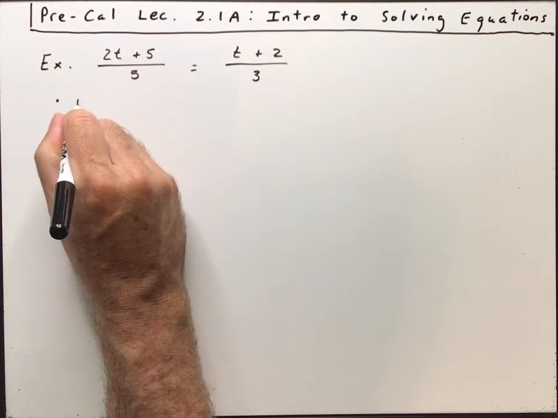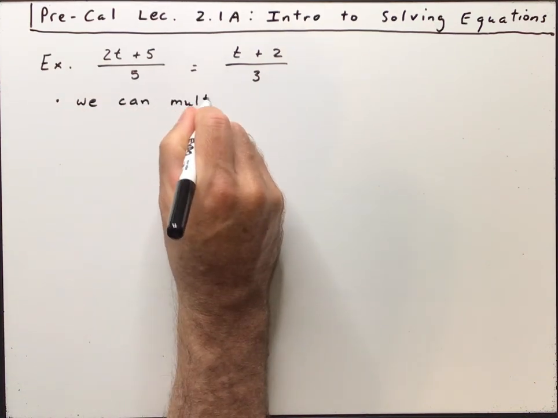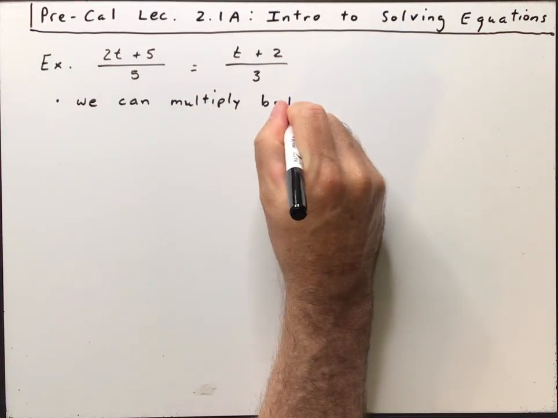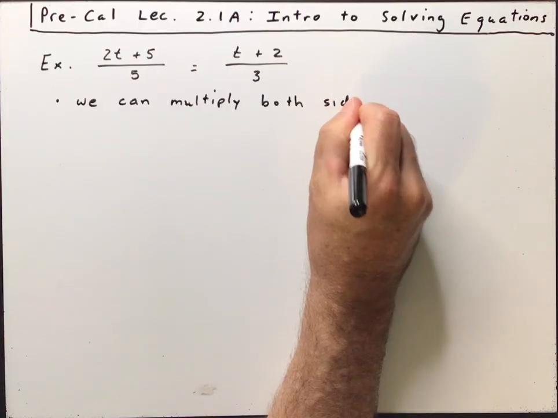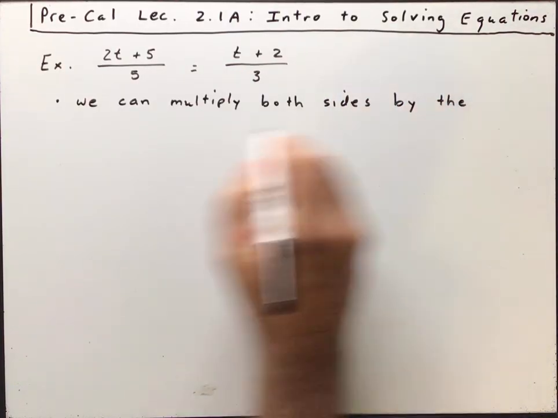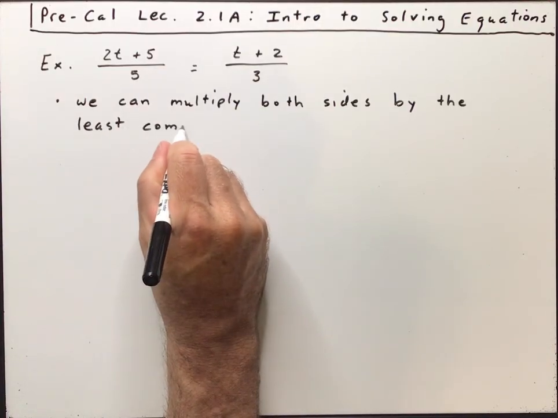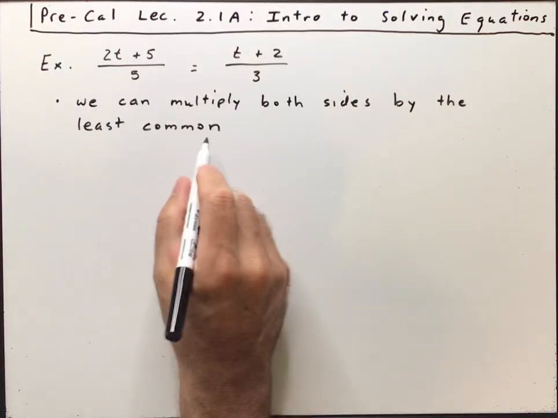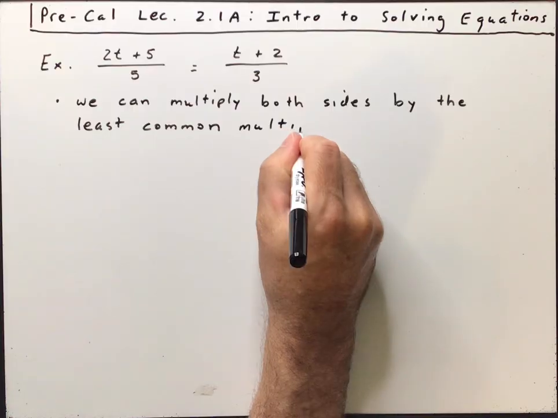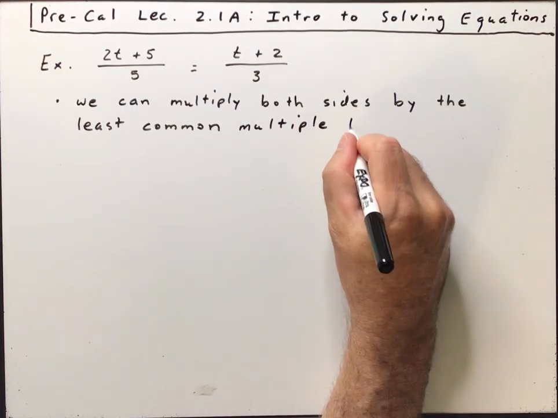So we can multiply both sides by the least common, it actually doesn't have to be least, just a common multiple, but you want to do it by the least so that there's less simplification to clear the fraction.